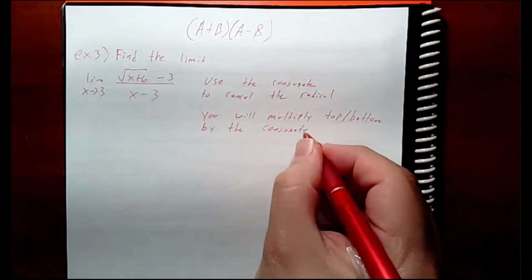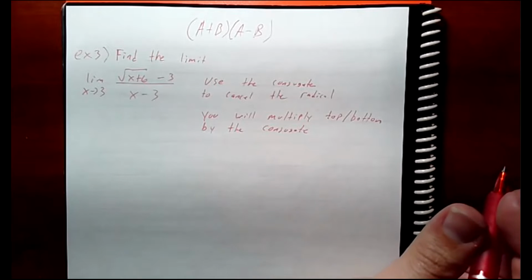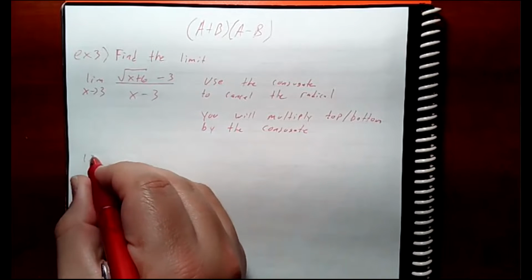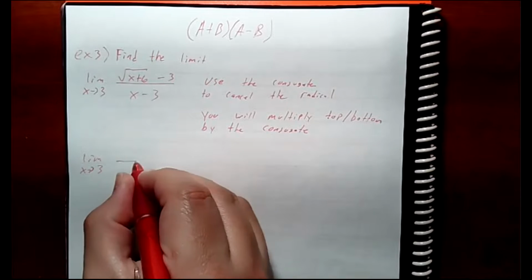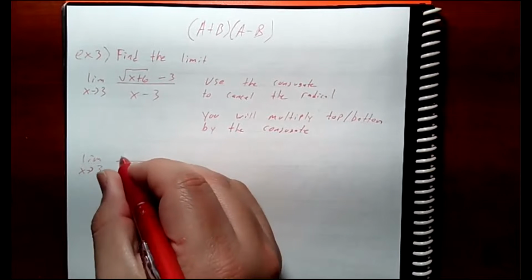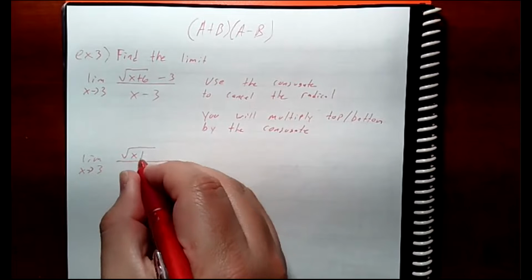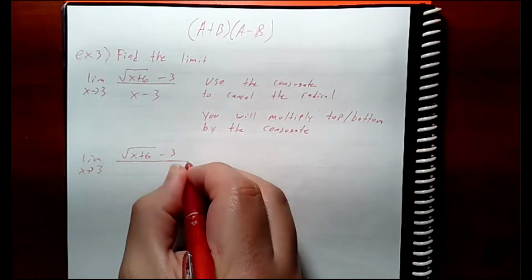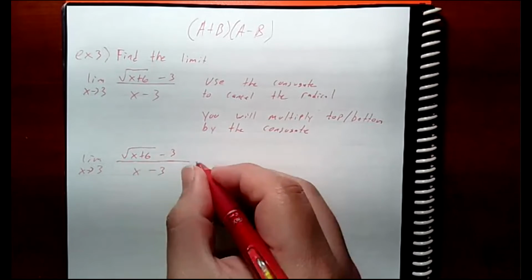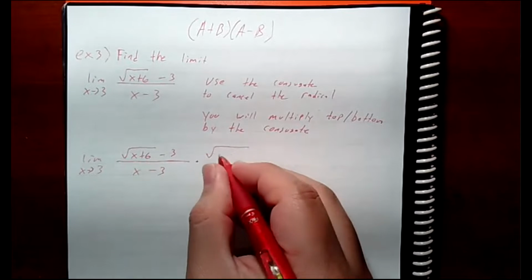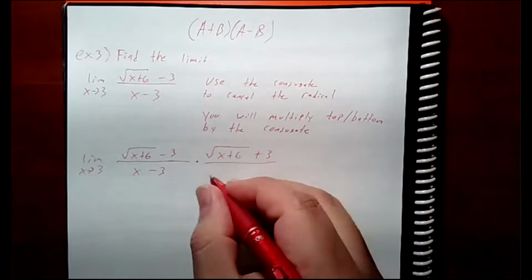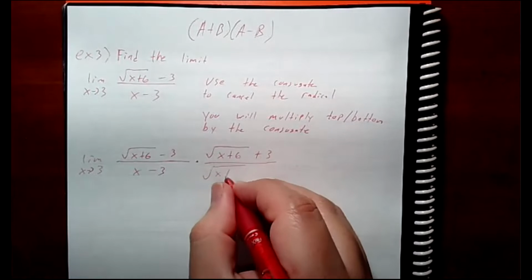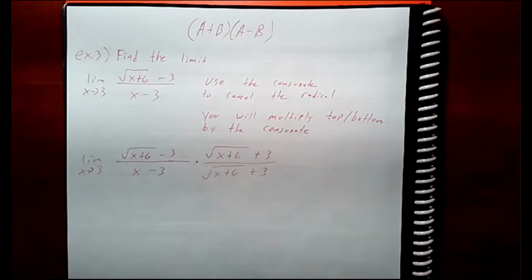And you always choose the conjugate of the one that has a square root. Okay, so this is an algebra technique to cancel the root. So that's the conjugate, multiplying by the conjugate.